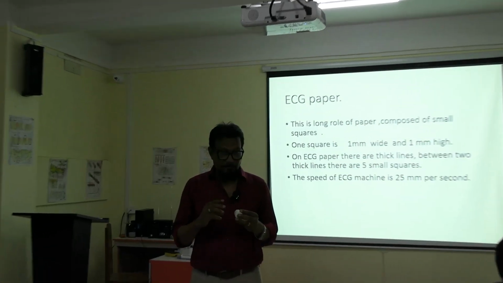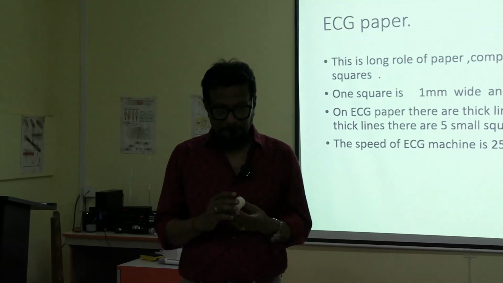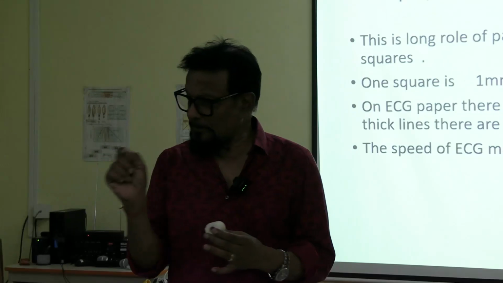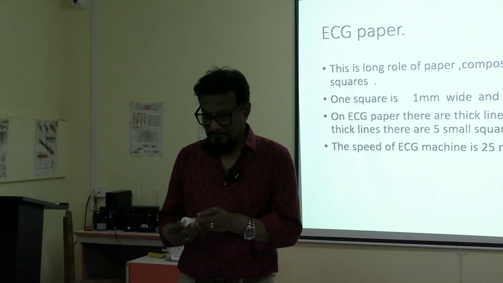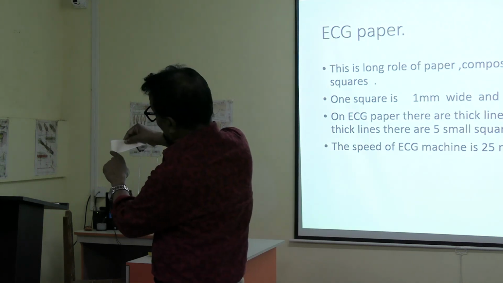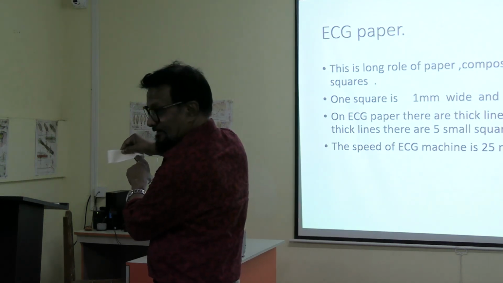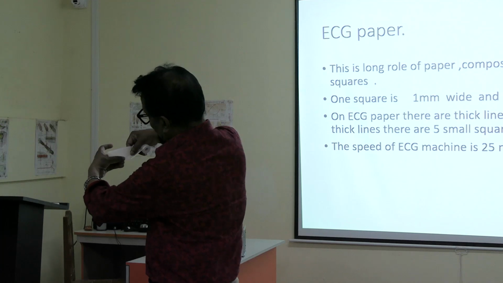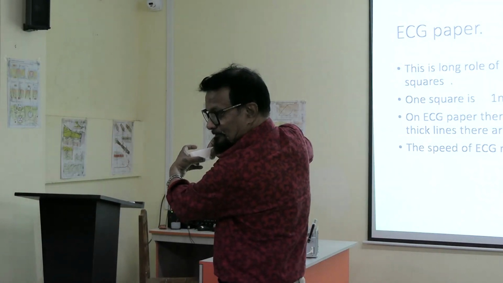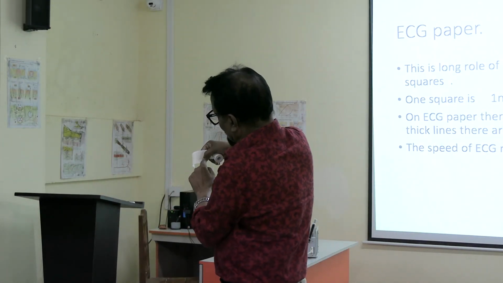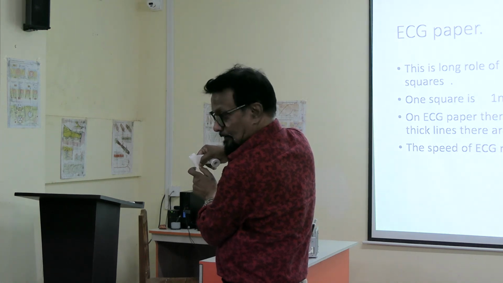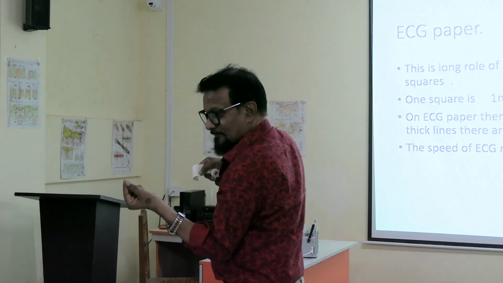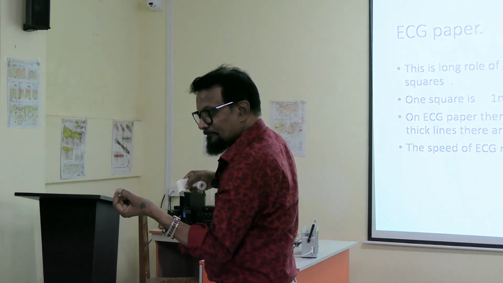Now I have a question for you. You can see small divisions in the paper. Suppose you go horizontally from here to here. During this time, the paper traveled this distance in a certain period of time.